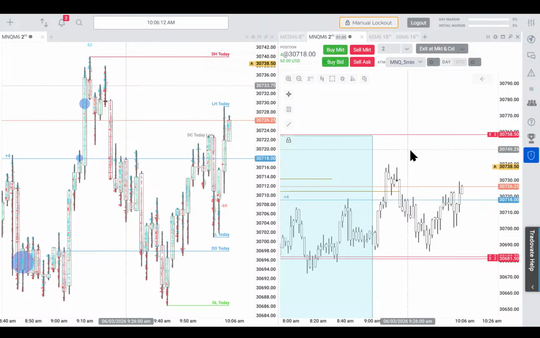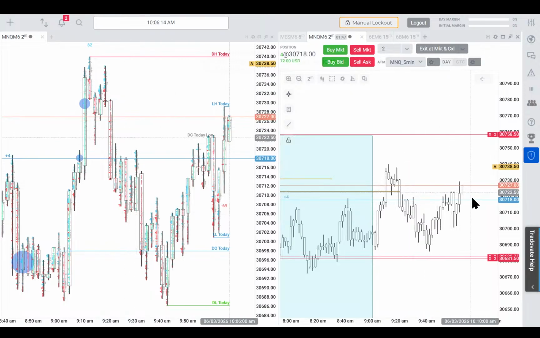Strong rejection at supply. Waiting for next candle reaction. Yeah. But we did create a gap. If we close here within 1 minute and 35 seconds, then it did create a slight move higher.